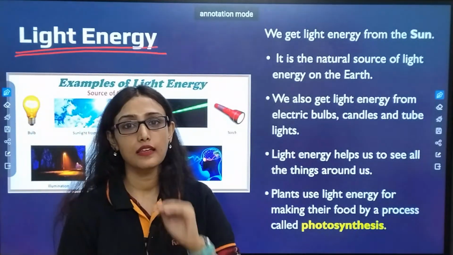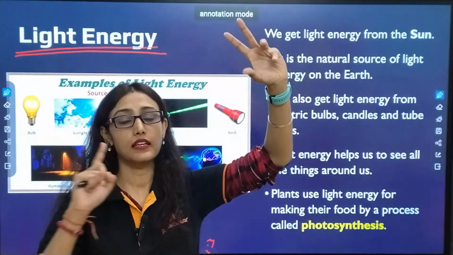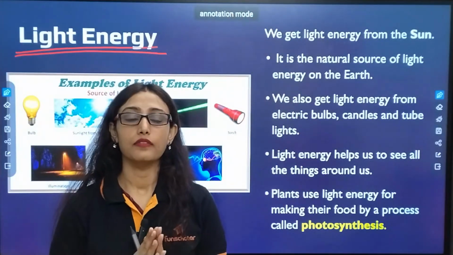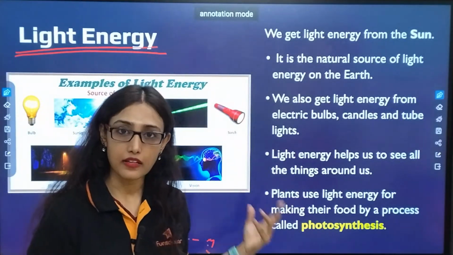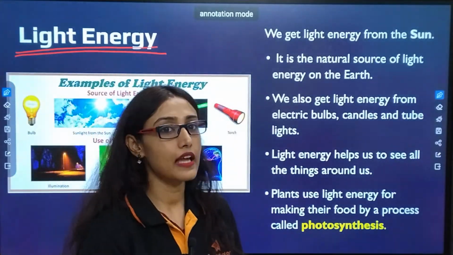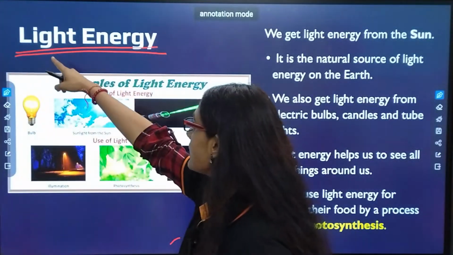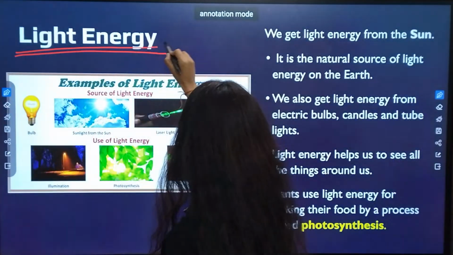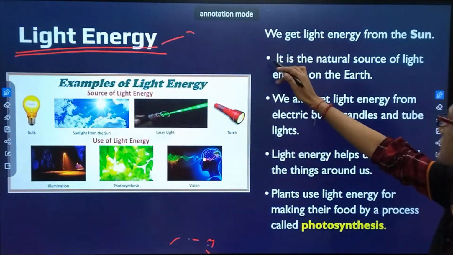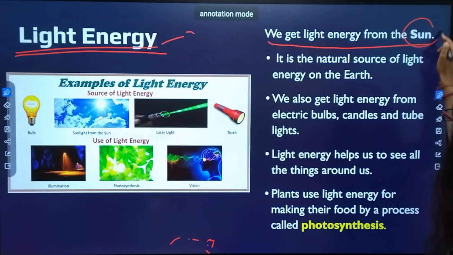So we can see things at daytime because of the presence of the sun. And if you go to a forest where there is no other artificial light, you cannot see anything without light. So ultimately, our natural source of light will be what? Okay, it is written over here. We get light energy from the sun again.